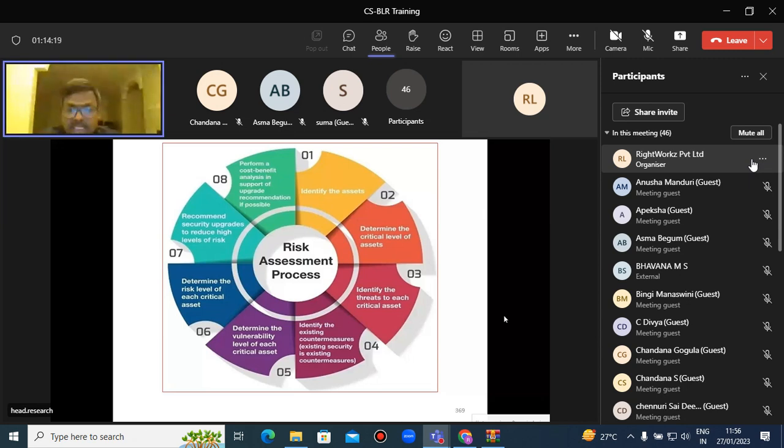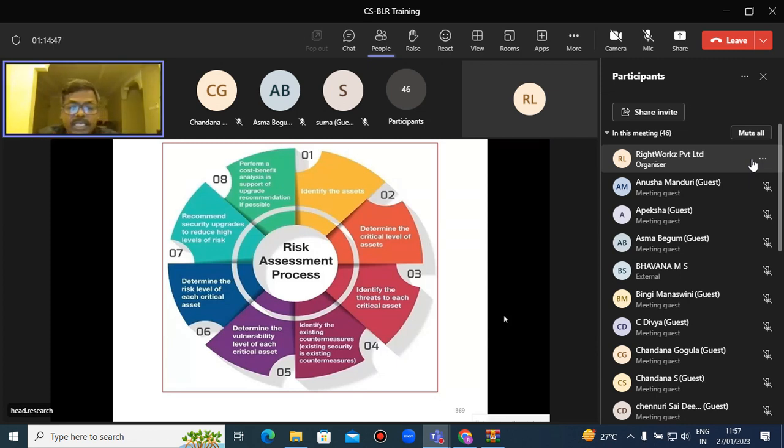Then the fourth step, identify the existing countermeasures. Maybe existing securities, existing countermeasures. So whatever the existing security problems are there, security measures we are taking.